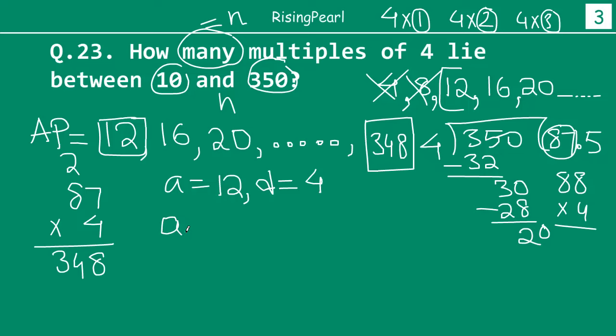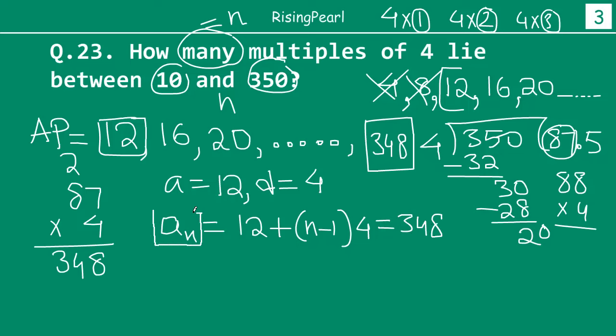So we say an is equal to 12 plus n minus 1 times 4 is equal to 348, because an gives us the nth term. The last term actually is given as 348.